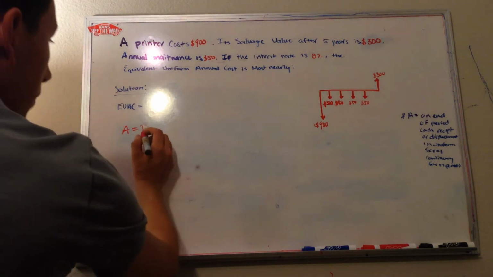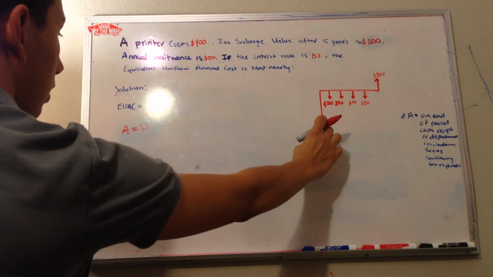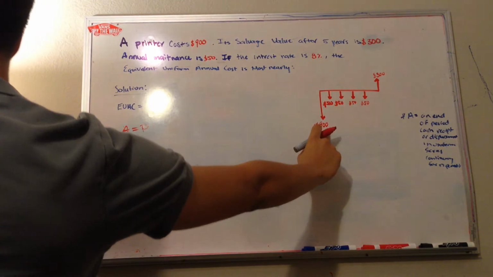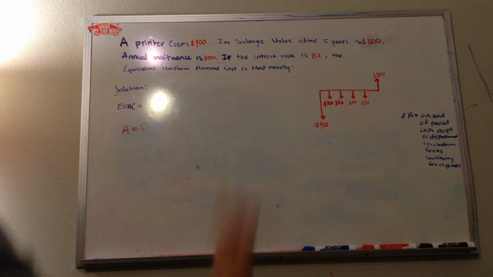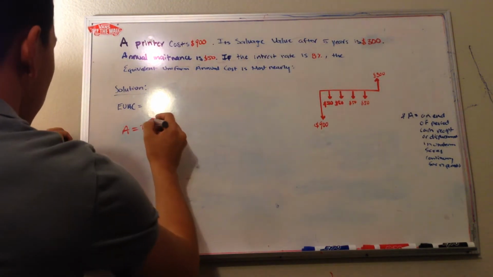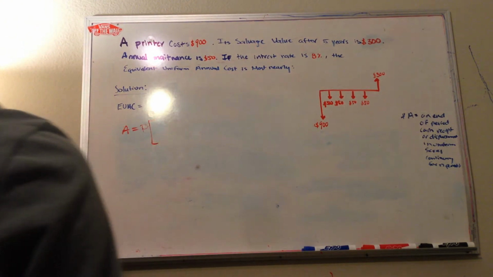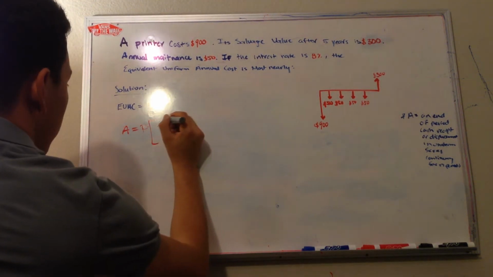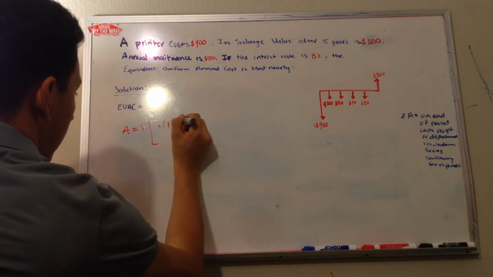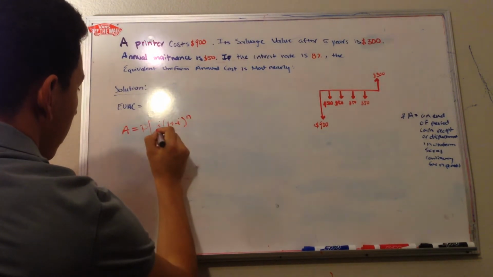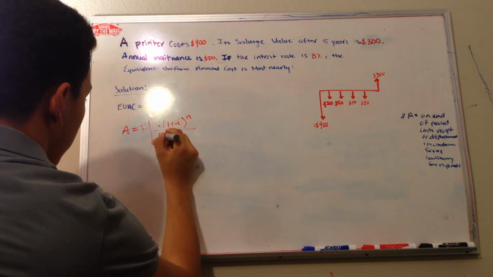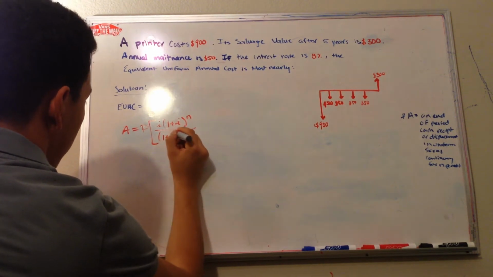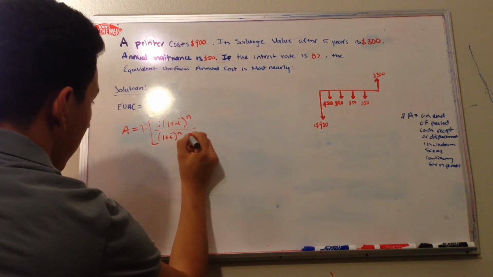So you're giving your P, which is your present value, or your initial investment, so to speak here. This is all going to be multiplied by i times (1 plus i) raised to the n, divided by (1 plus i) to the n minus 1.